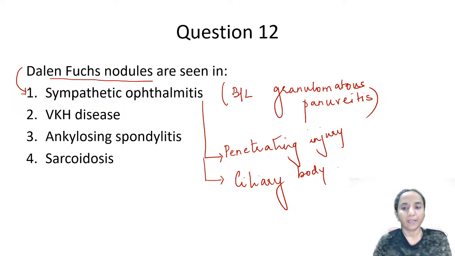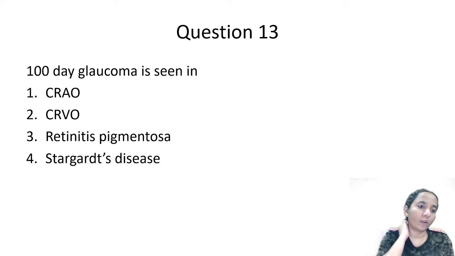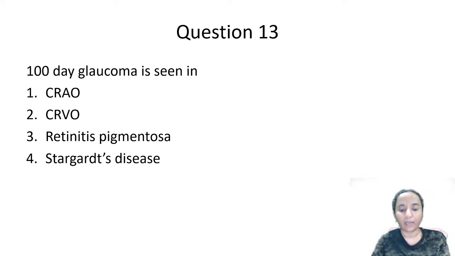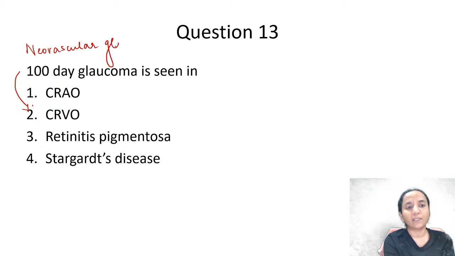Okay. Next question. Where do we get to see 100-day glaucoma? Do we get to see it in CRAO, CRVO, retinitis pigmentosa or Stargardt's disease? Correct. It is seen in CRVO. Now see, it is actually the end stage neovascular glaucoma, which is seen in untreated CRVO, and this is called as 100-day glaucoma because it happens around 3 months after the CRVO.